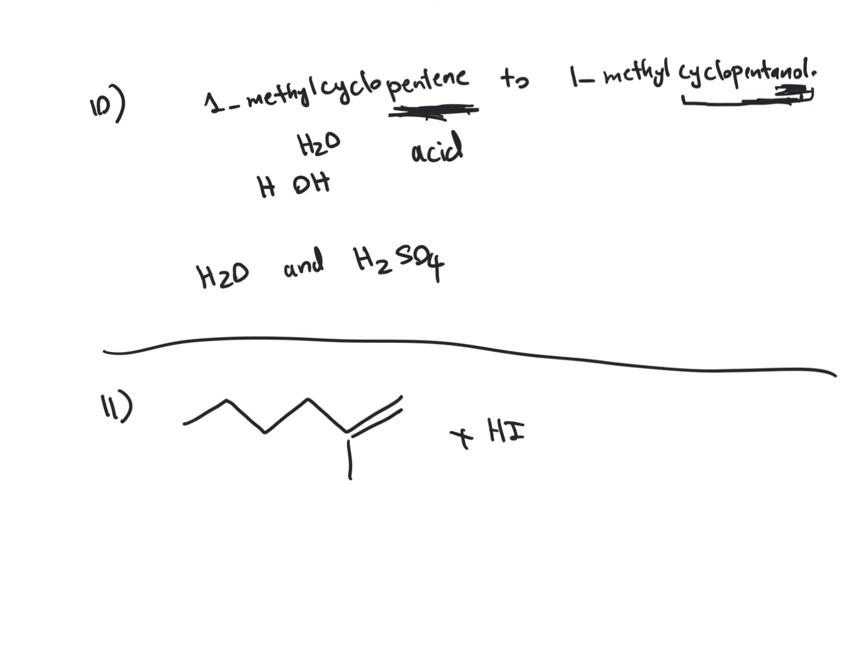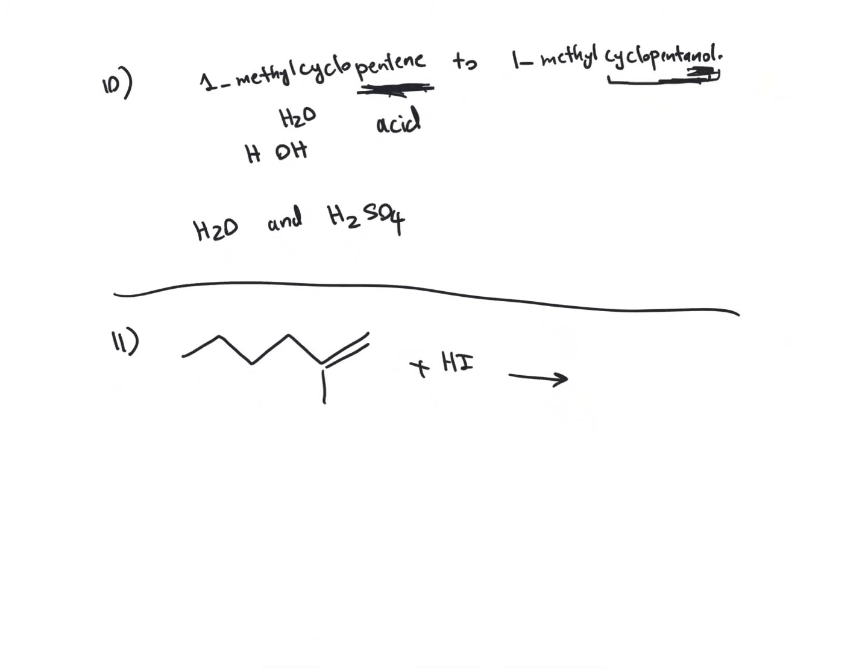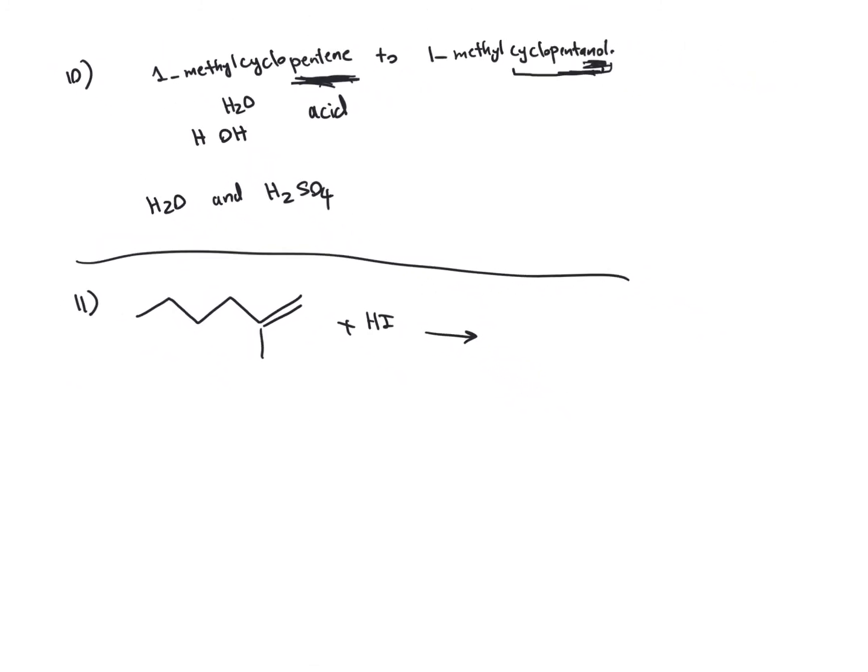Plus HI. Okay, even not knowing the name of the reactants and products, you know the procedure based on what we talked about in the class: we drop the double bond and then add I to both sides of the single bond.